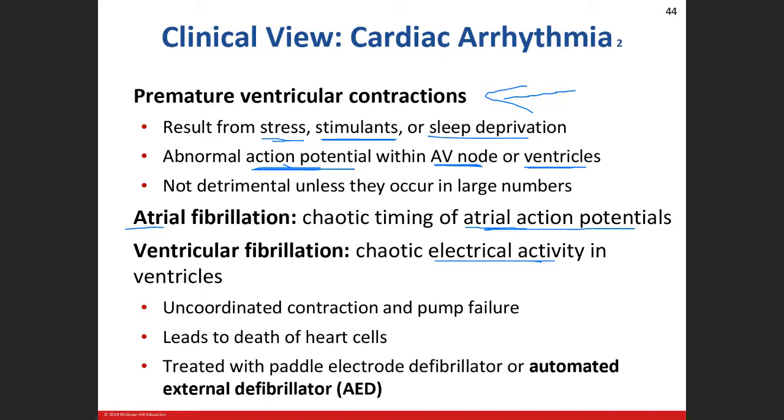So we're going to talk about cardiac output and then venous return, which is pretty much the amount of blood leaving the heart being equal to the amount of blood coming into the heart. If the ventricles start pumping out of sync, that's going to mess up our system. And if it gets bad enough, it can lead to death. We can start killing our heart cells, and we don't want that.